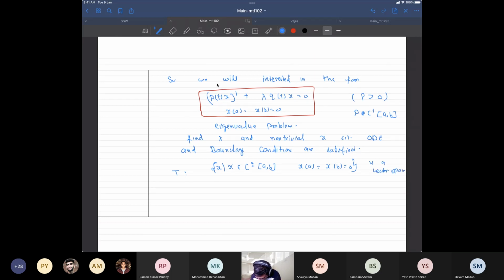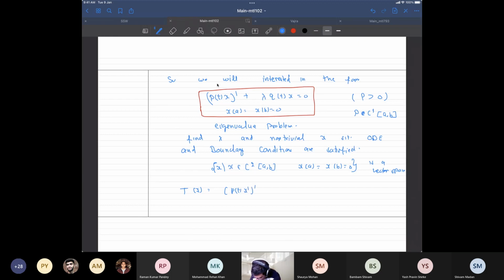On this you define a linear transformation from this space to itself such that T of x is basically (p(t) x')'.